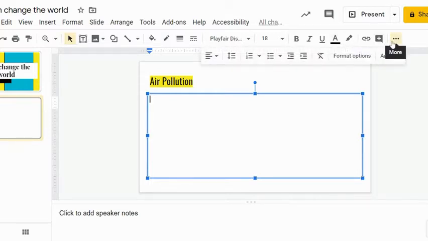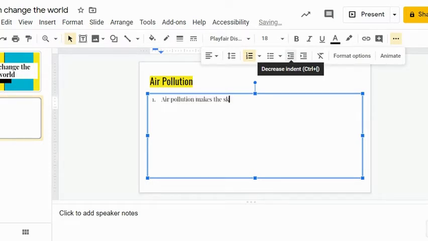I want to make a numbered list. I'm going to click right here, just like we did before. One thing with air pollution is air pollution makes the sky gray. Something I don't like to look at is a gray sky, especially when I know it can be blue.